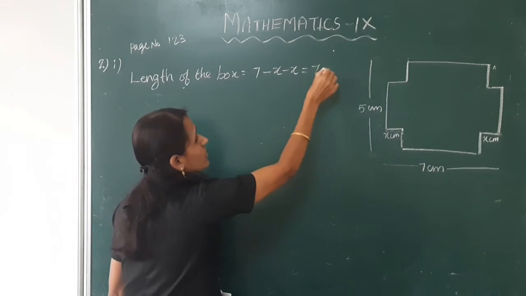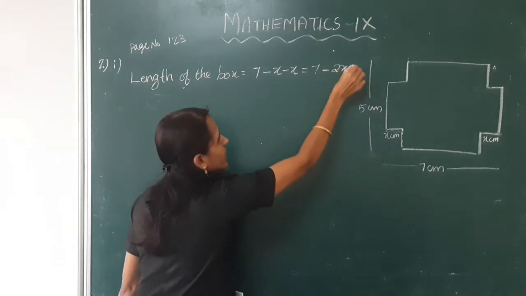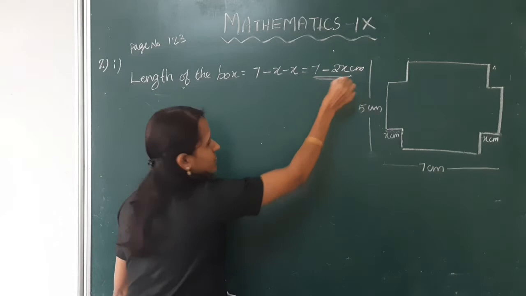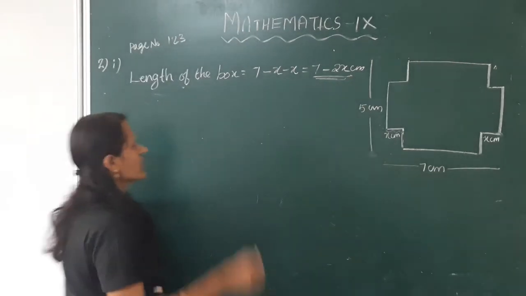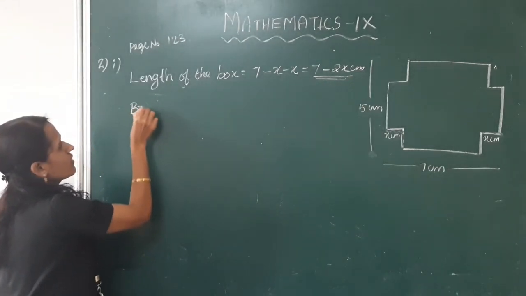This is equal to 7 minus 2x centimeter. Clear?